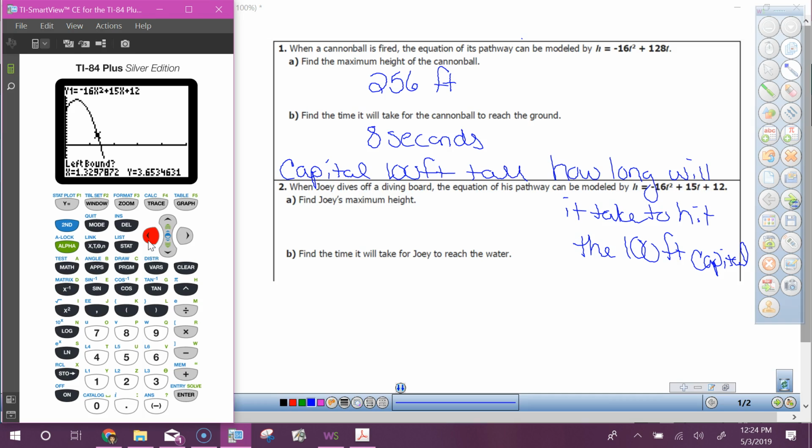I said you have to find your zeros. Do this when it hits the ground. But that's not your minimum, that's your zero. Second trace 0. Oh, okay. I thought you'd get the number at 0.